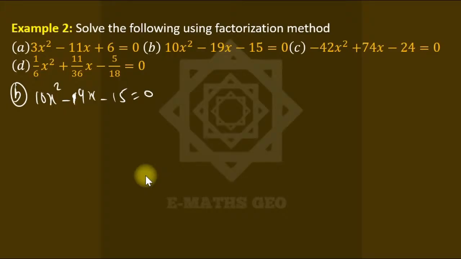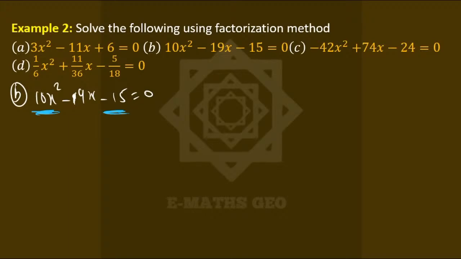So now, how do I do that? I will look at the coefficient, the 10x squared, and the constant here, the two numbers. So I will create two factors each with them.